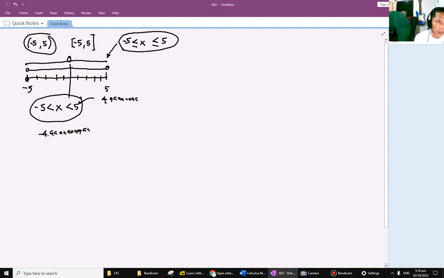Again, this one is represented as this, while the others are represented as this. This is an open interval, and this is what we call a closed interval. I guess that's the first topic that we have to review.